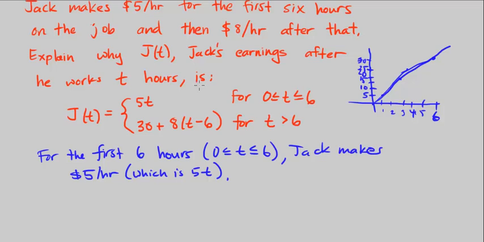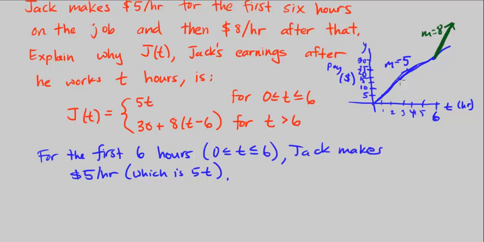But what happens then is that the 6th hour, he starts making $8 an hour. So the slope of the line changes, right? The slope here is 8, and over here we know it's 5, because this is the time in hours, and this is his pay in dollars, the y-axis, right?